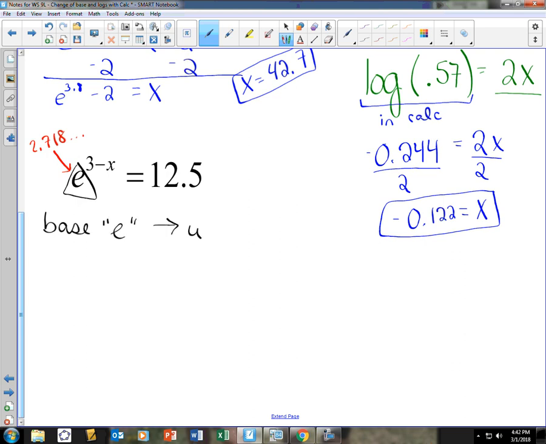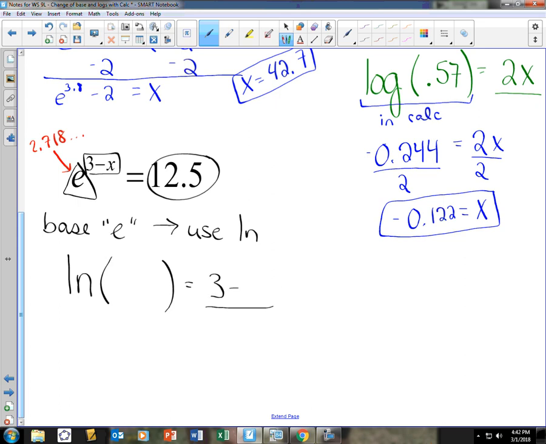So if I'm going to rewrite this as a natural log, here's my 3 pieces, and I'm going to read its natural log form. So natural log, right, log base e, of something equals something. Well, a log is an exponent, so the exponent goes here, and so the 12.5 goes here.